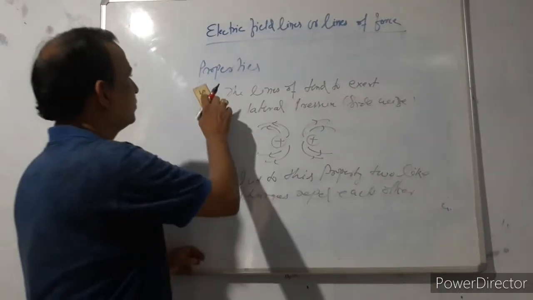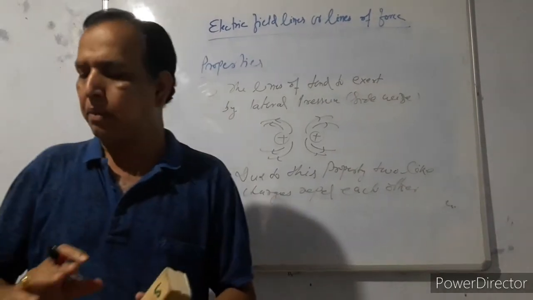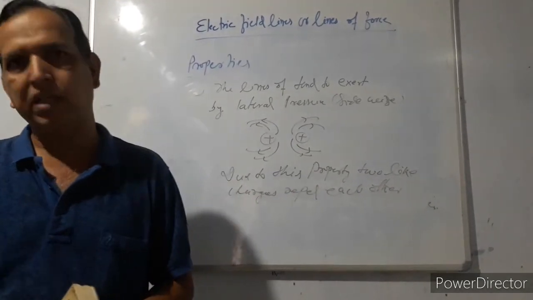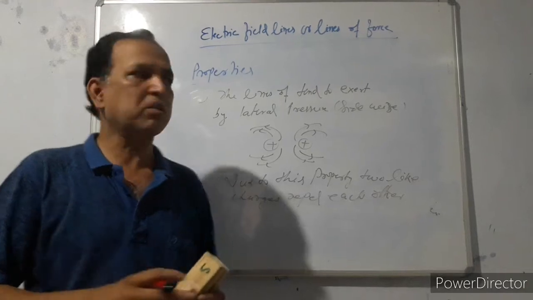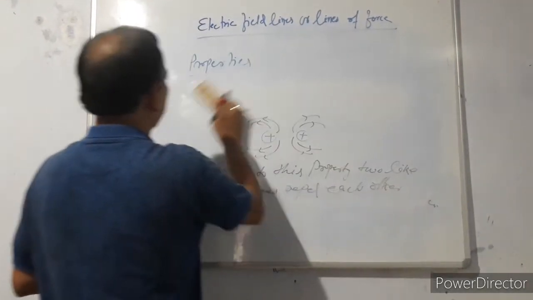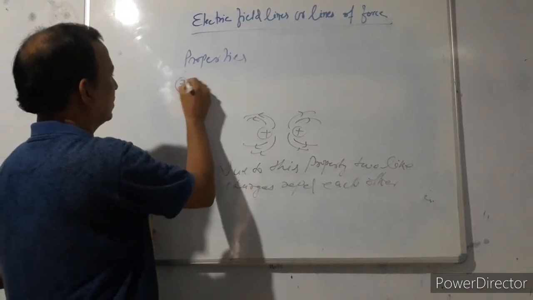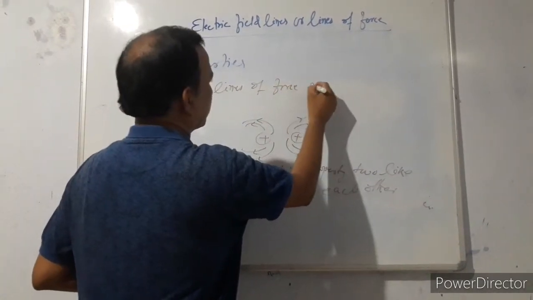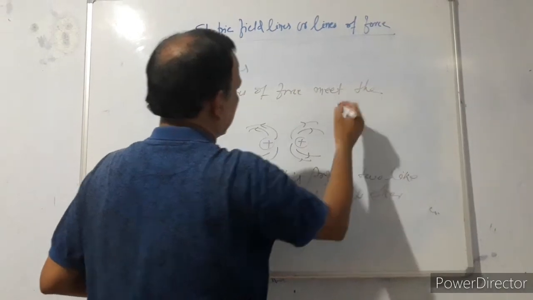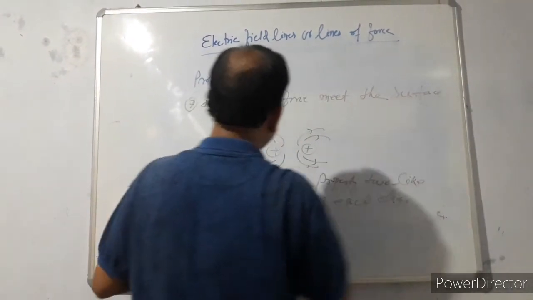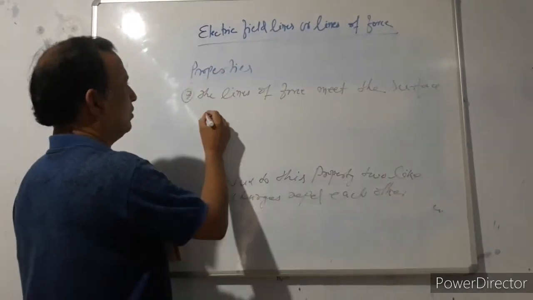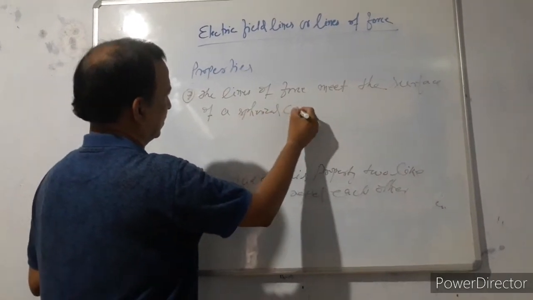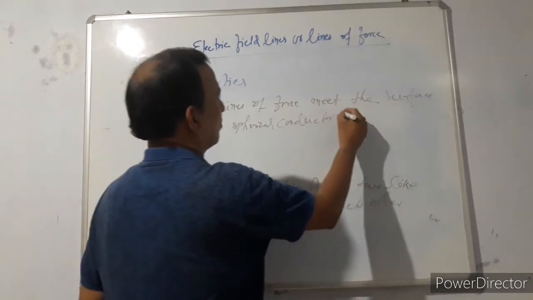Seventh point. The lines of force meet the surface of a spherical conductor normally.